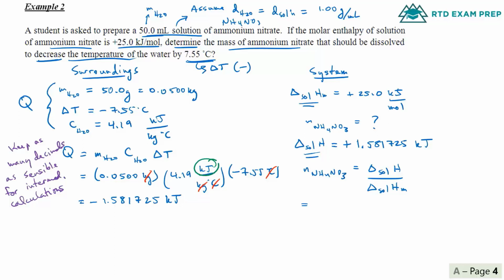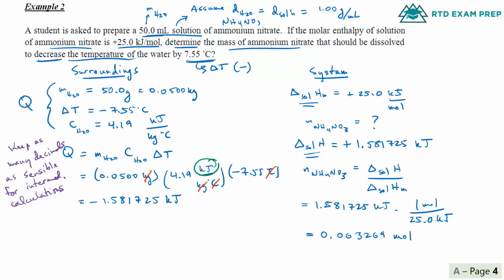And what this is going to equal is this. Okay, there we go. And when we do this calculation, this is what we're going to get: 0.063269. Once again, this is an intermediate calculation. I'm going to keep as many decimals as sensible.